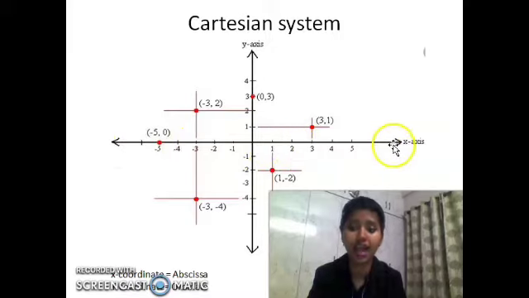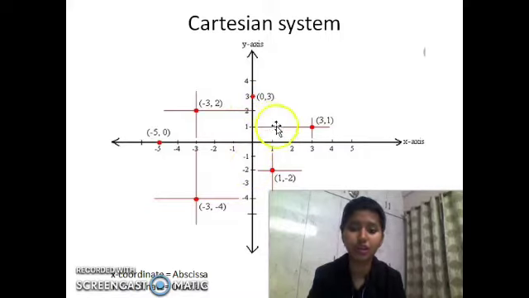This is called the x-axis, and it contains the positive values, negative values, and 0. In the same way, for the other parameter, I draw another line, perpendicular to the x-axis. Here also we have positive, 0 as well as negative values.